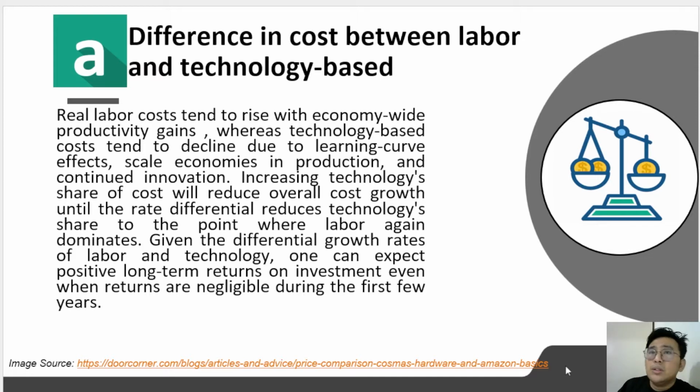This is because technology-based use has what we know as learning curve effects, so there are scale economies in production and continued innovation. This is what we need to keep in mind, because when we are going to invest our money in technology-based costs, we need to make sure that the economy is stable.